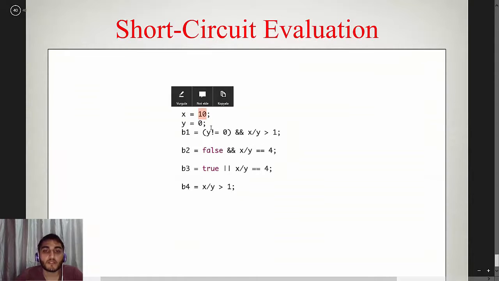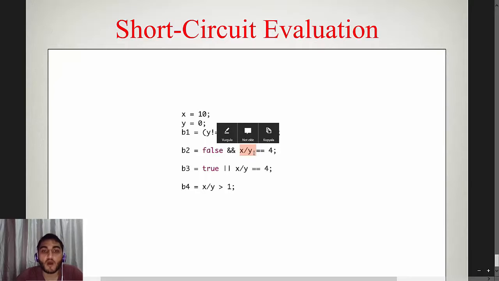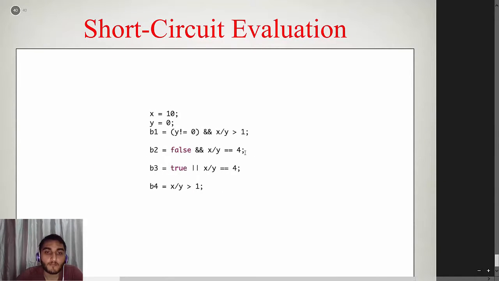For example, with B, we looked directly at B2, it's false, and it doesn't matter what x over y is. If true and false, it is again false, false is again false, this will be false. If this is true, the whole answer will be true. x over y equal to 1, 10 over 0, this gives the error, division by zero error.